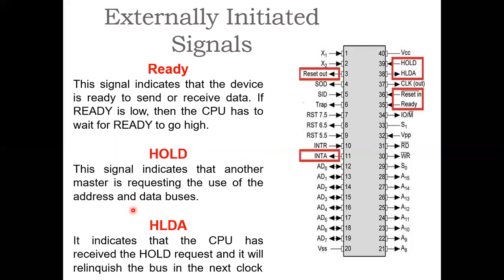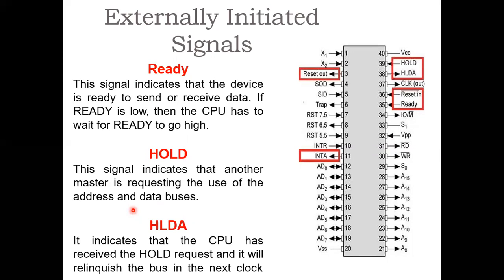HOLD and HLDA are mainly used for the DMA process, that is direct memory access. That means an external device accesses the memory directly without the use of the microprocessor. At that time we use HOLD and HLDA.